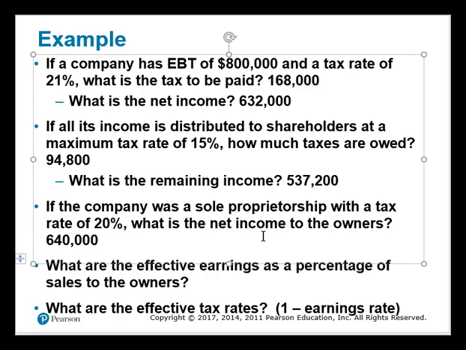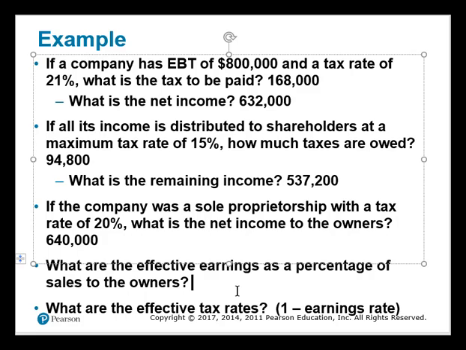So the final question then, what is the effective tax rate? Well, it's 1 minus this amount, or you can take the tax divided by the income. So the corporate tax that's ultimately paid by the shareholders is 32.85%, and the tax paid by the sole proprietorship is 20%.